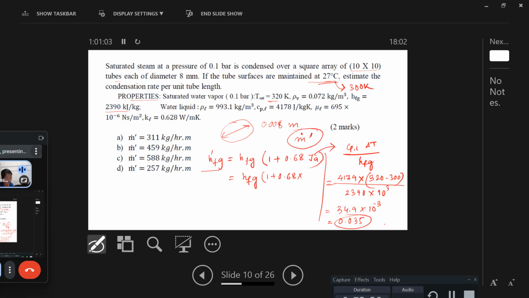You can also write like this, okay? 10 to the power minus 3 means 0.0349, or directly you can write 35.